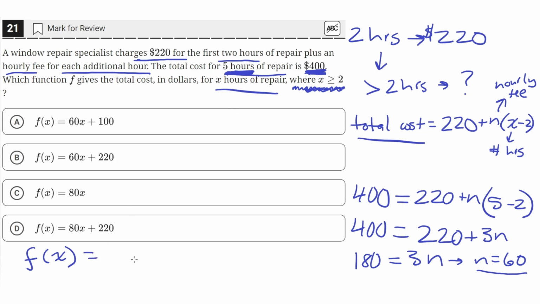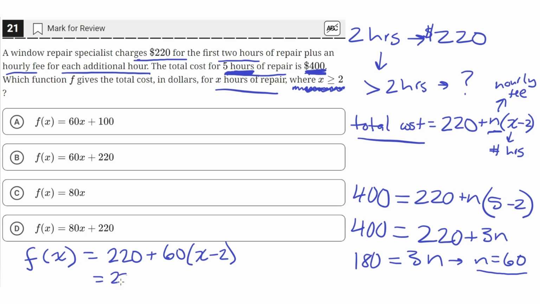So f of x equals 220 plus 60, since n is now 60, since we solved for that here. That's the hourly fee times x minus 2. It's important that we keep the x minus 2 because the hourly fee of 60 is only charged for the hours after the first 2. So x minus 2 gives us the hours after the first 2. So we can just simplify this down.